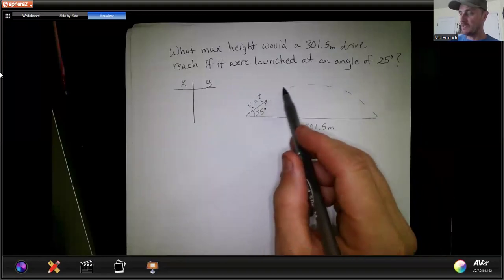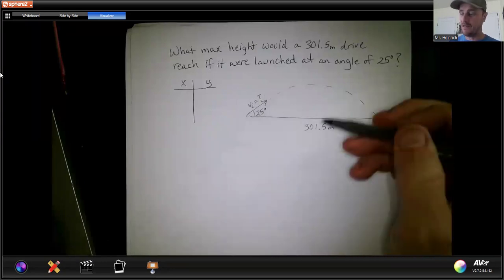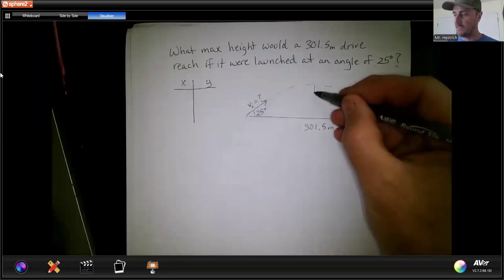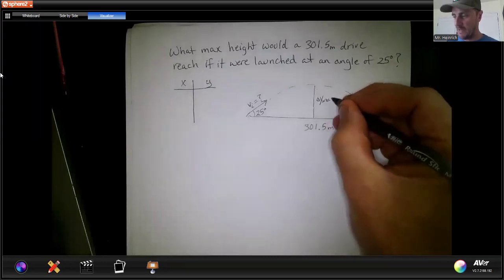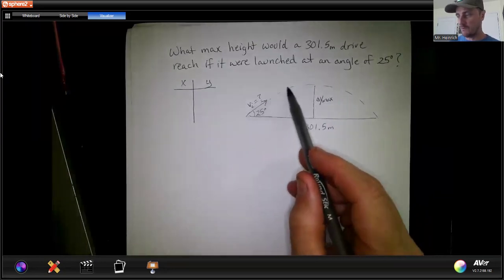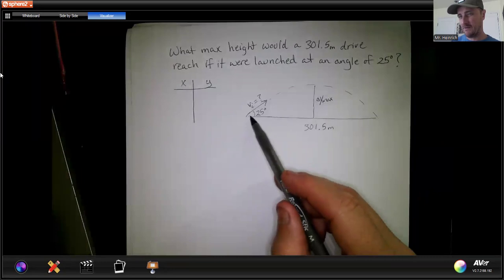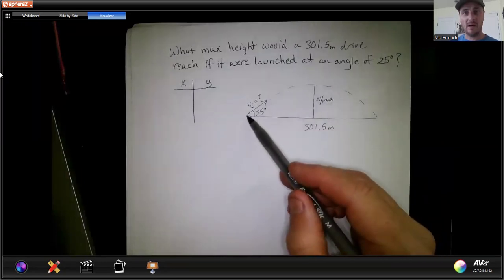So I'm going to consider the whole trip. I'm going to find that initial velocity, and then I will address how we actually get the max height, which I call delta y max. Now, if we're considering the whole trip, I do not displace in the y-axis.